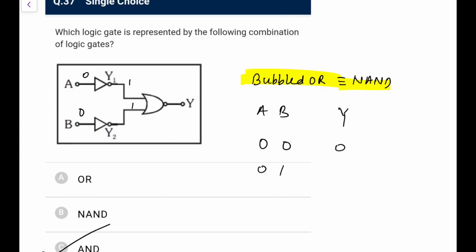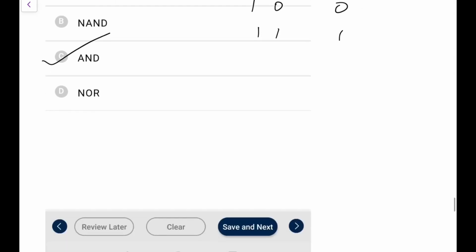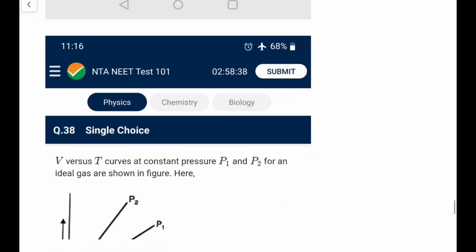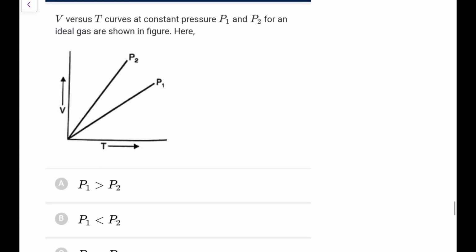Next, 0 and 1, this becomes 0, 1 and 0, OR will give 1, so NOR will still give 0, so 1 0 will also give 0, last is 1 1. So if you try 1 1, what will happen? This is 1 1, this is 0 0, OR will give 0, so NOR will give 1. So this is AND gate, that is what we did from the De Morgan. You can go for this method also.